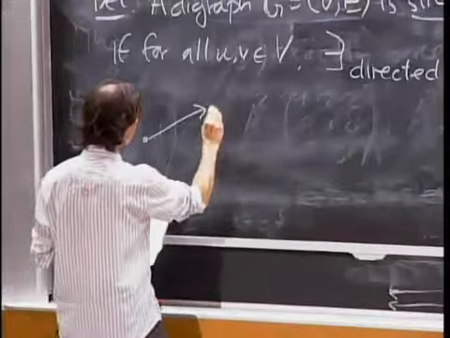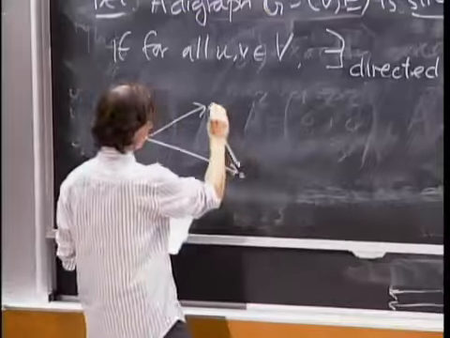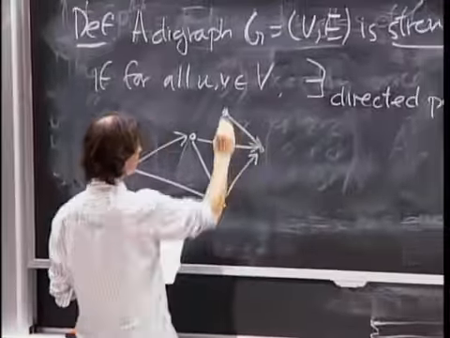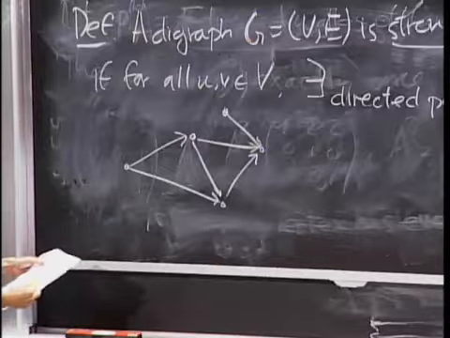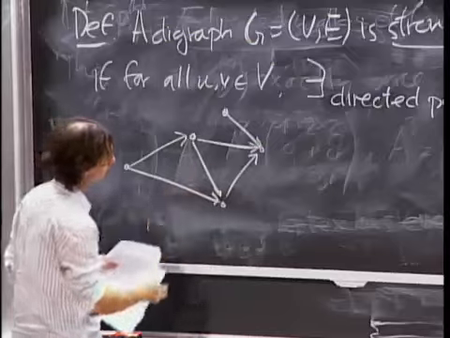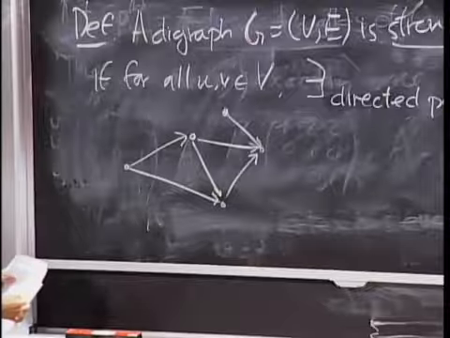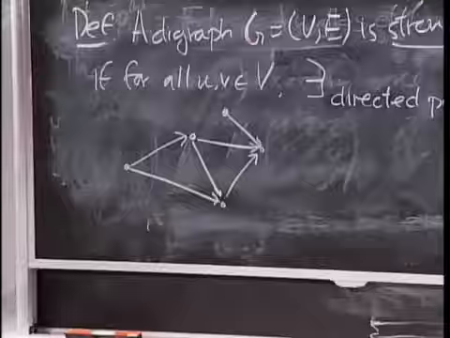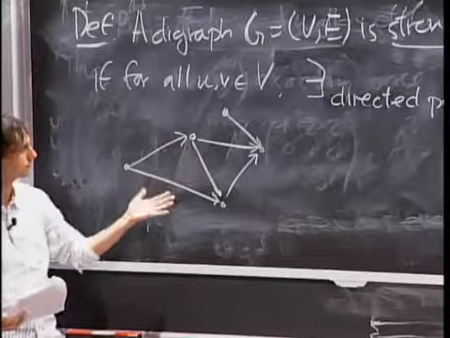So for example, I may have a graph that looks like this. Say this is an acyclic graph, but it does not have a tree structure at all.